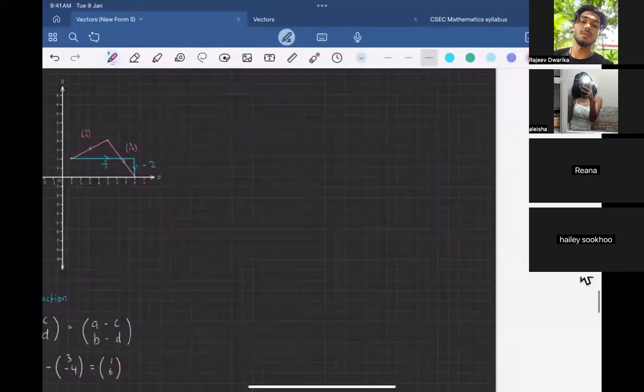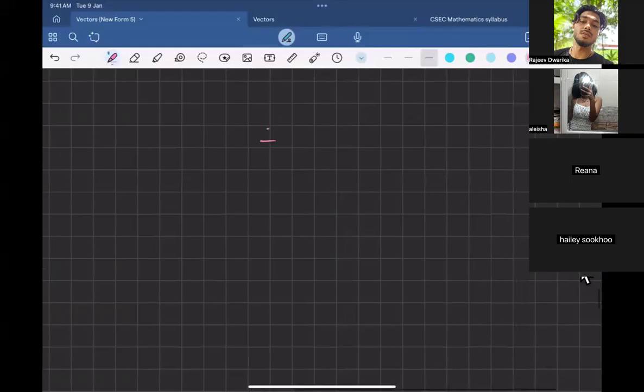Dividing by 2 is the same thing as multiplying by what? A half. So dividing by 2 is the same thing as multiplying by a half.